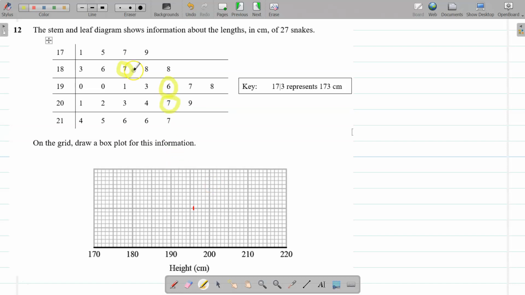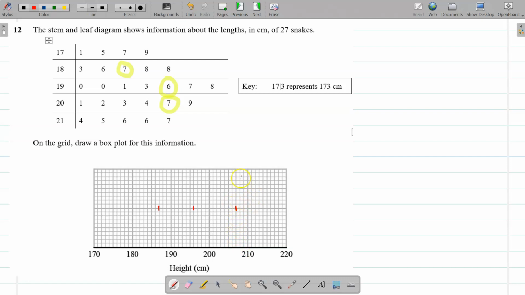Okay, so the lower quartile is 187, which is there, and the upper quartile is 207, which is there. Okay, you can be fairly precise on here.